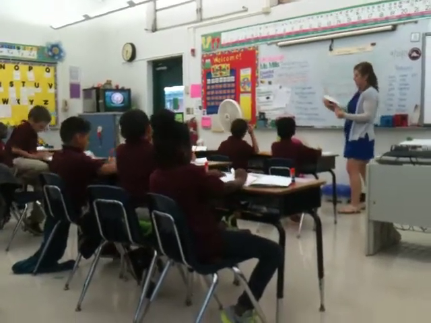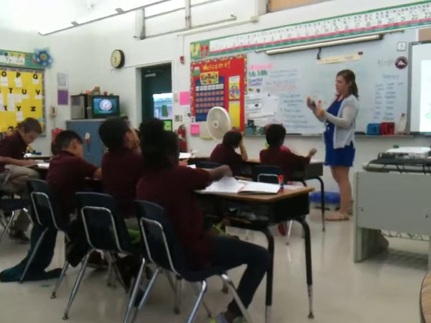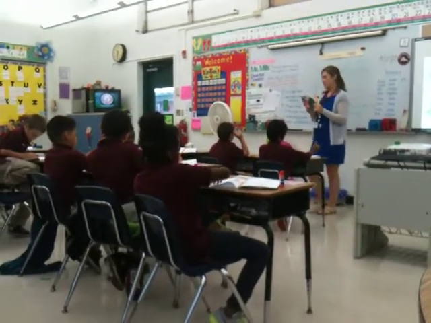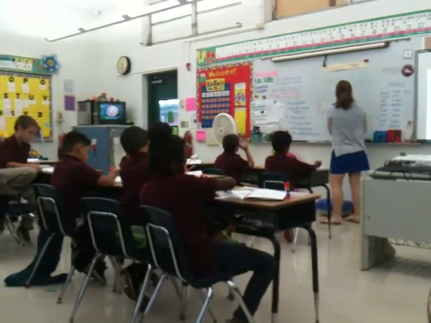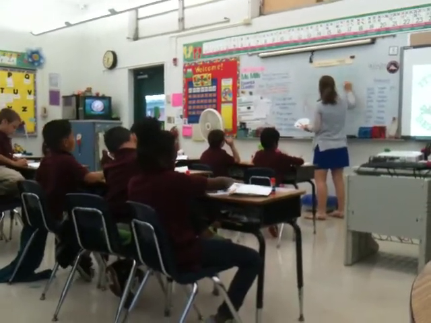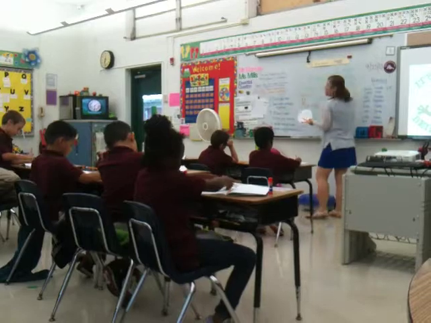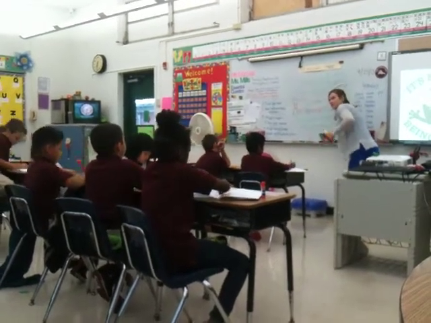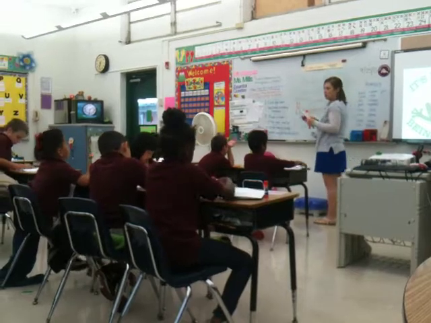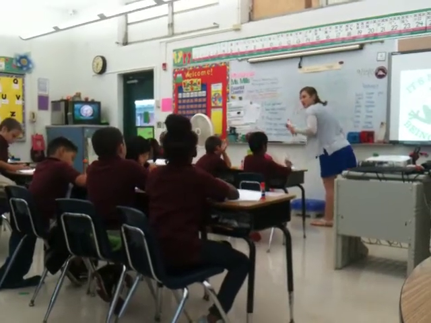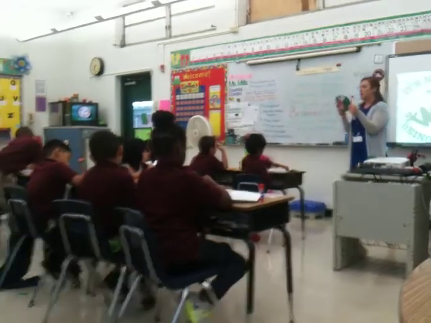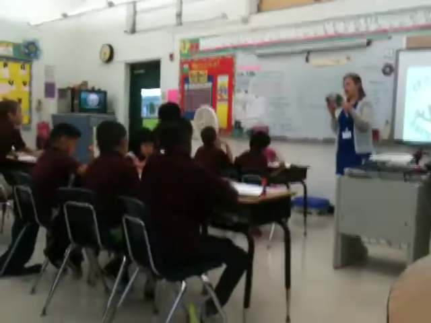Let's read this. Now the tadpole grows hind legs. Number 3 is hind. The hind legs on an animal that is on all fours are the back legs. Your dog, your cat, the back legs are hind legs. A horse.